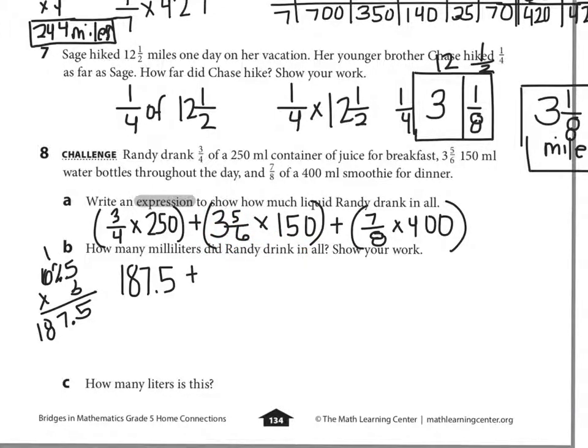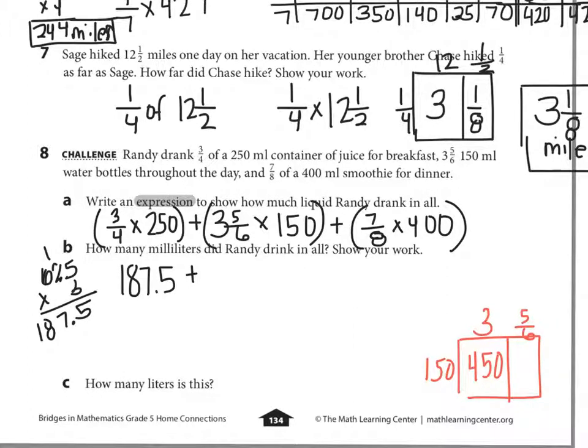Next, I'm going to solve 3 and 5/6 times 150. Here I might turn to my array. Let's go to a different pen color to show this. I'm going to have 3 and 5/6 times 150. So 150 times 3 would be 450. And then 5/6 of 150. So I'm thinking 150 divided by 6 times 5. Or I can think 150 times 5 divided by 6.